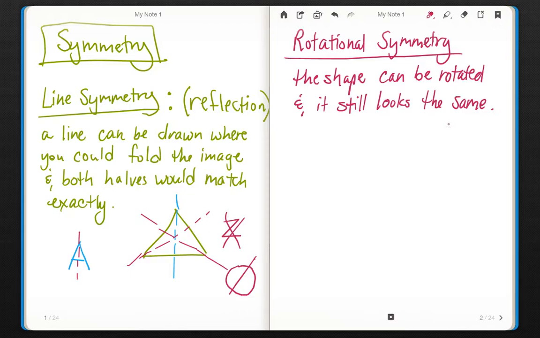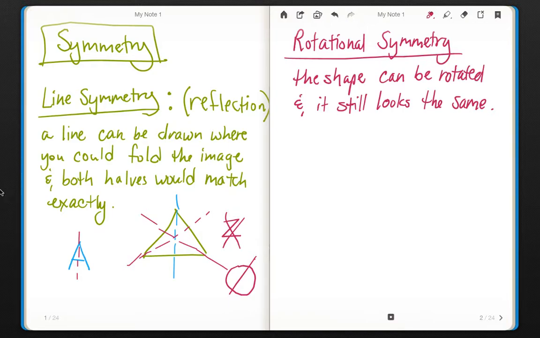Now, everything is going to have 360-degree rotation symmetry because turning it 360 degrees is full circle back to where it started. But we're talking about rotating it like 90 degrees or 180 degrees, that type. And we want to see if it's symmetrical.